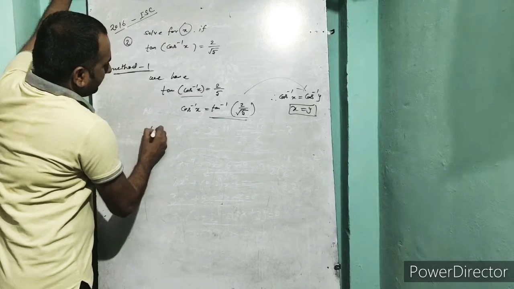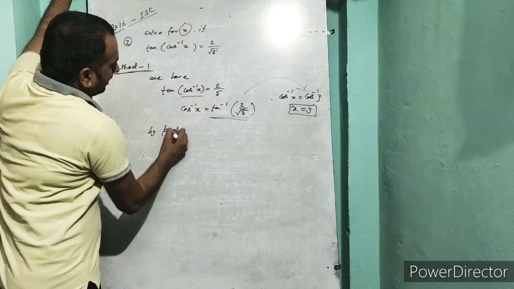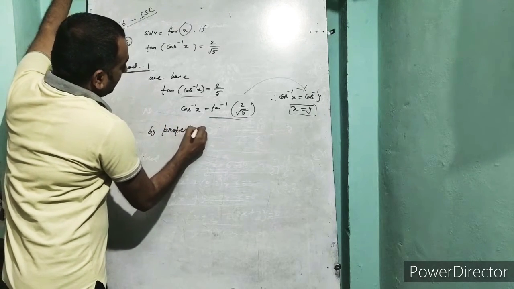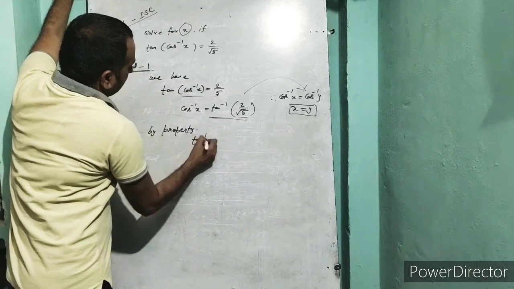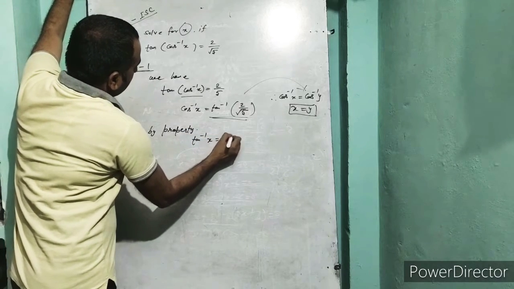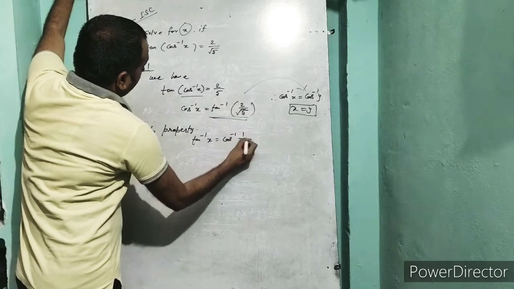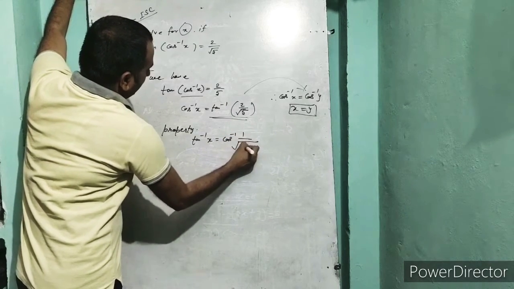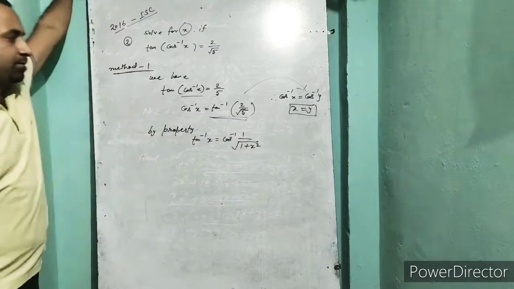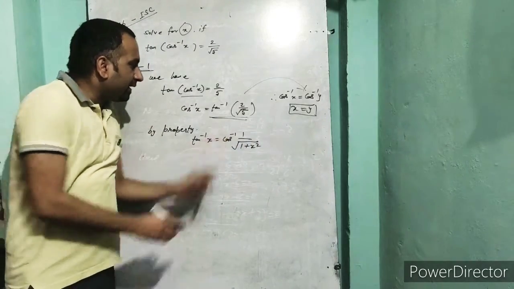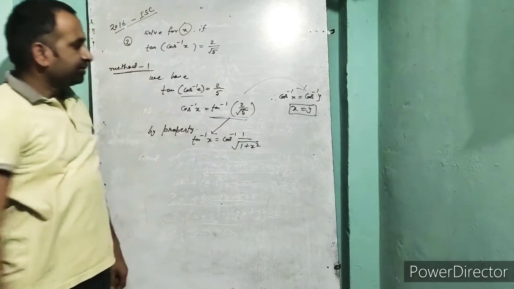By property, tan inverse x is equal to cos inverse 1 upon under root 1 plus x square. We can apply this property.